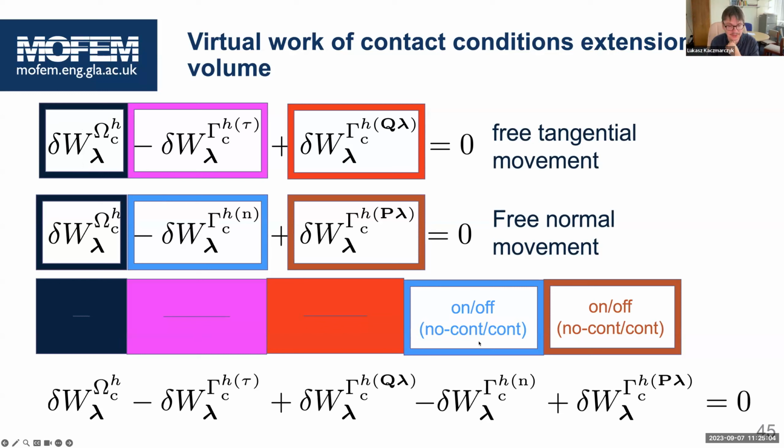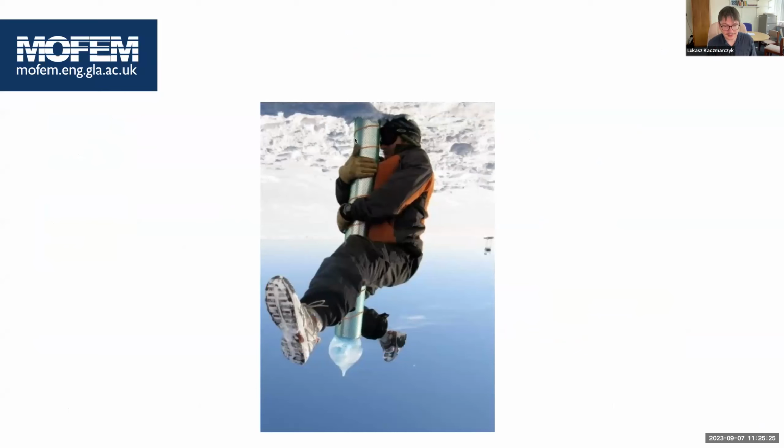Unfortunately, with the time limit, I don't have time to explain all the details here, but I will explain a little bit how those boundary and volume integrals are calculated in the next step. The problem is that things are a little bit upside down here, because when I add the Lagrange multipliers, I constrain the problem and then release it, which is opposite to what happens in the classical contact problem.